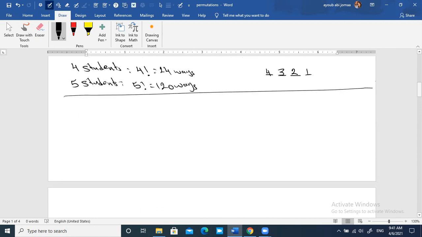Let's take another example. Let's say that you have 4 different books to be arranged on a shelf.